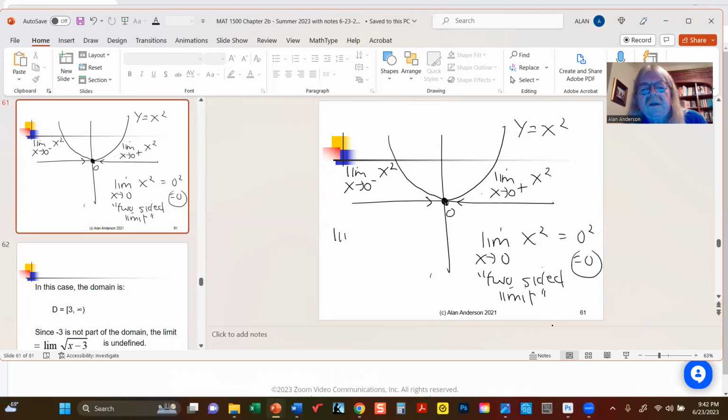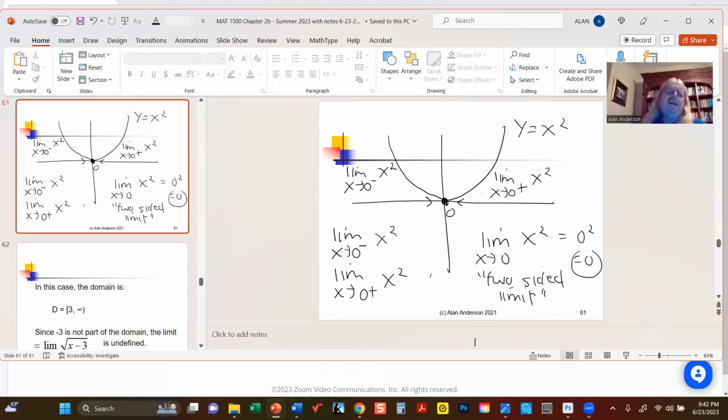So these two are both known as one-sided limits because they're only focusing on one direction. In other words, either we're approaching the constant 0 from the right or from the left.